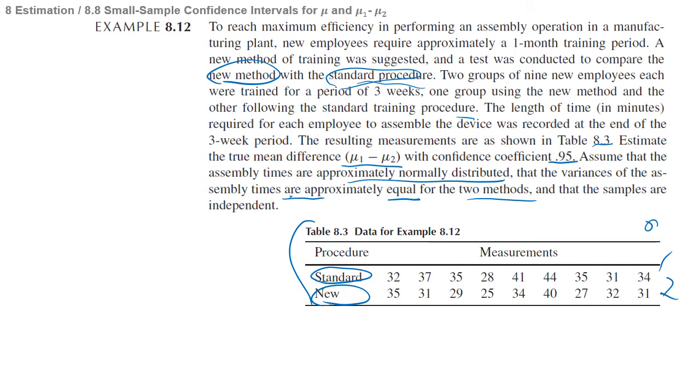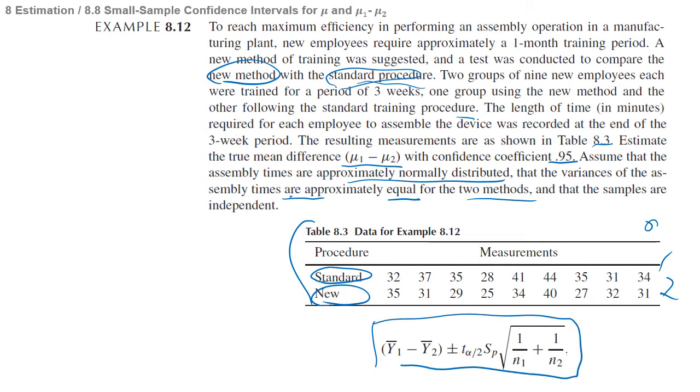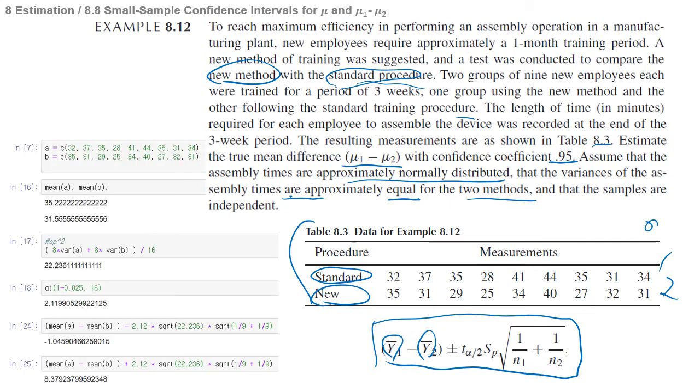And in this case, the 95% confidence interval is derived using this formula. And so the answer for this question is just calculating each number. To calculate each number, I think it would be easier to use R. So inside of R, you can put the standard treatment numbers here.